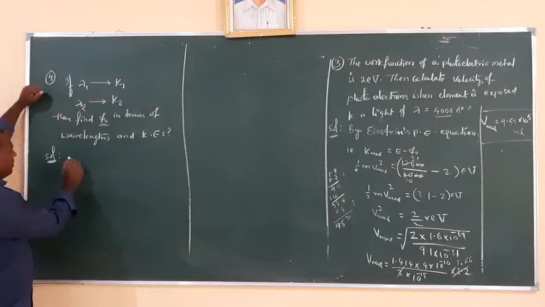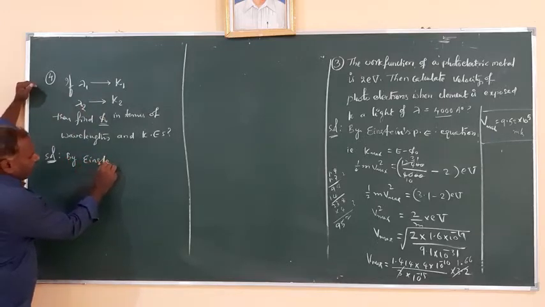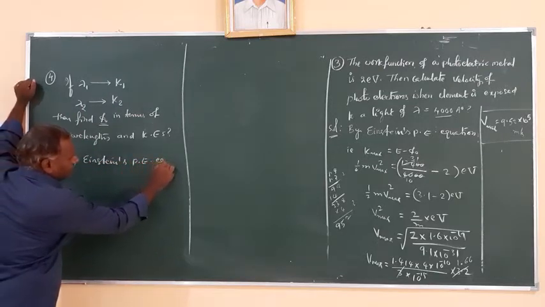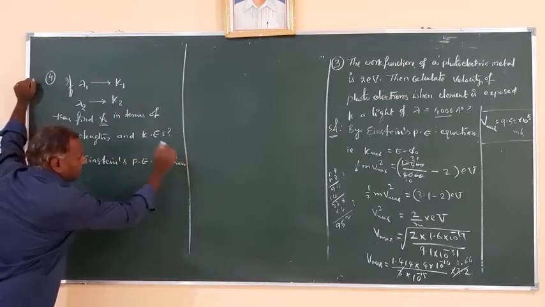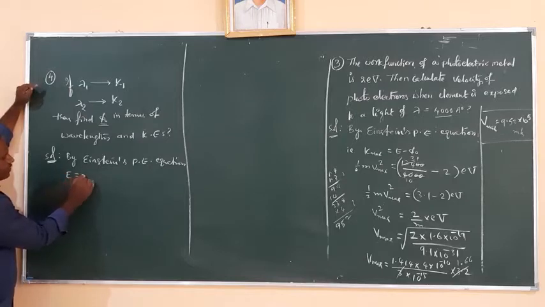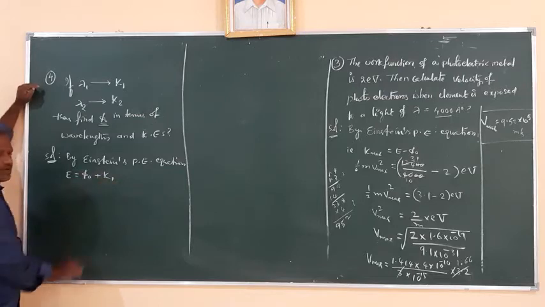Now by Einstein's photoelectric equation, for the first data I can write E is equal to phi naught, the work function, plus kinetic energy K1.